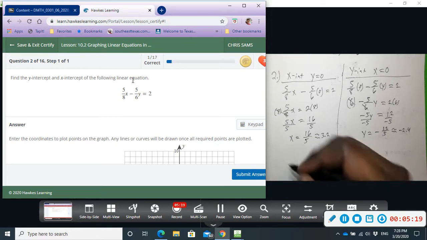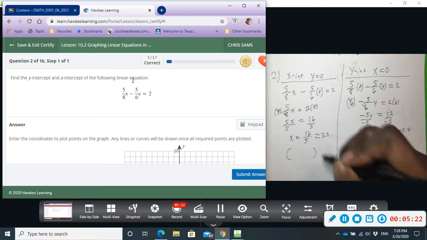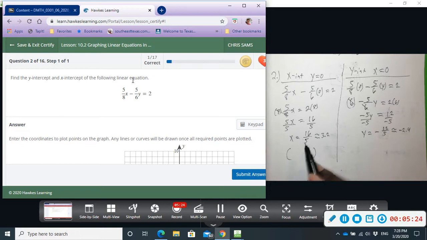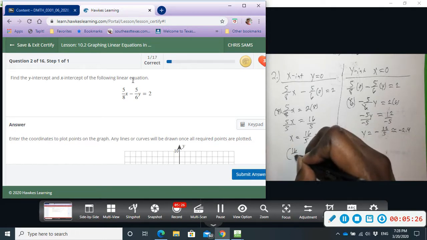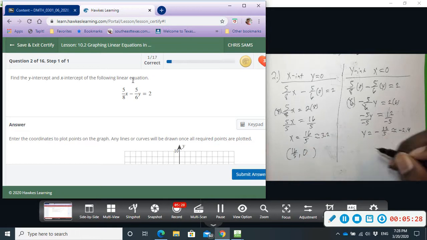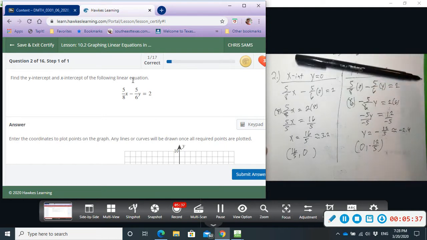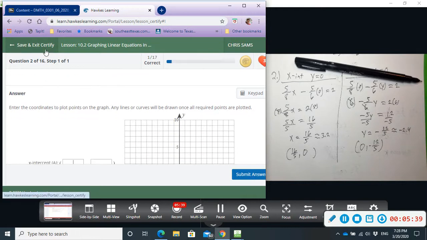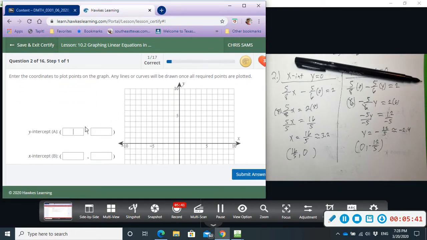So as an ordered pair, that's what you really want to do when you do the intercept. X is 16/5, y was 0. As a y-intercept, x was 0, and the y value was negative 12/5. Okay, so we're going to just insert these two values, and I think it's going to plot it for us, and then we'll be able to draw it.